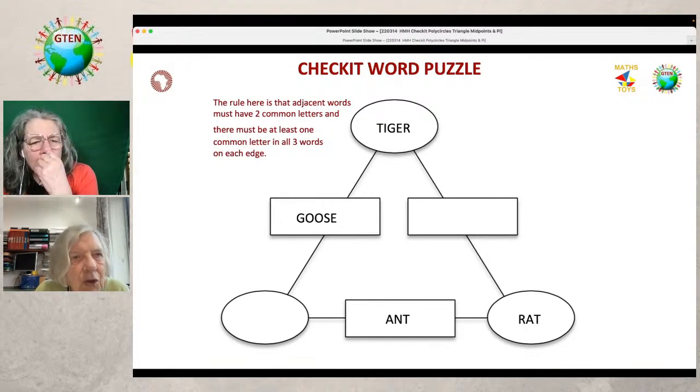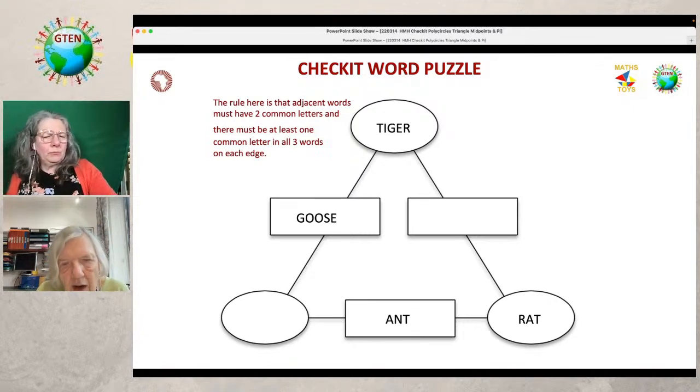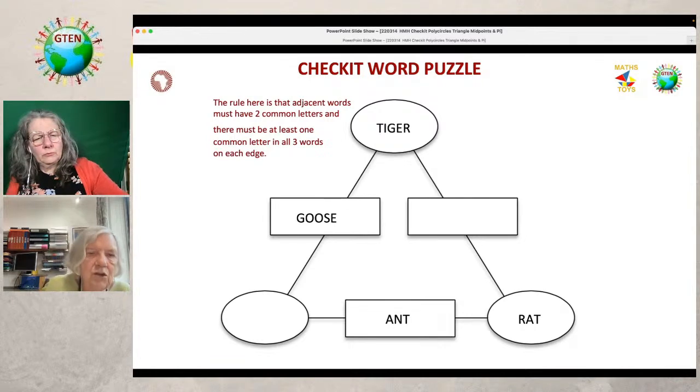So there must be at least one letter in all three words on each edge. For example, on the bottom left, it's got to have at least one of the letters A and T in it, because it has got to be at least one all the way along the bottom.